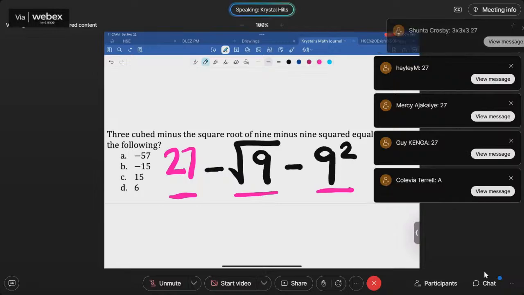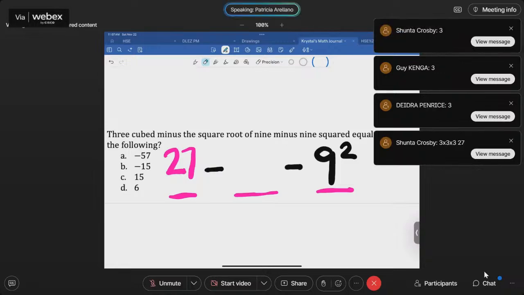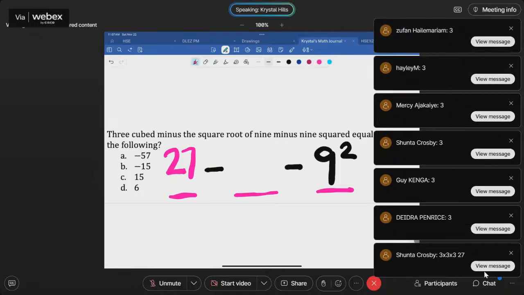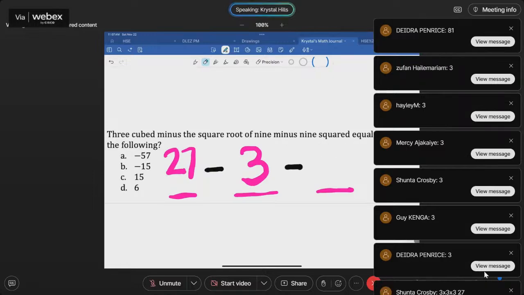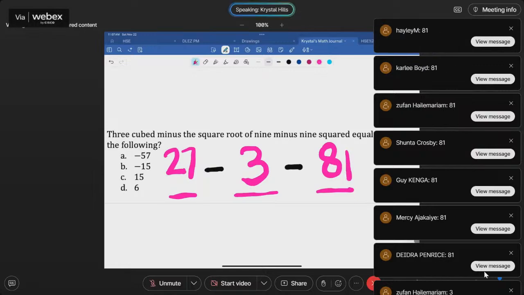And what's the square root of 9? 3. And what's 9 squared? Or 9 times 9? 81. So if I put in my calculator, 27 minus 3 minus 81, what do I get?